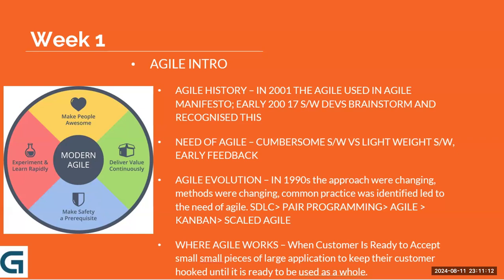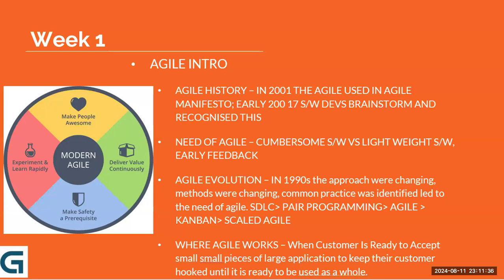Anyone can read that third point, please? Agile evolution. In the 1990s, the approaches were changing, methods were changing, common practice was identified, which led to the need of Agile, SDLC, paired programming, Kanban, scaled Agile.